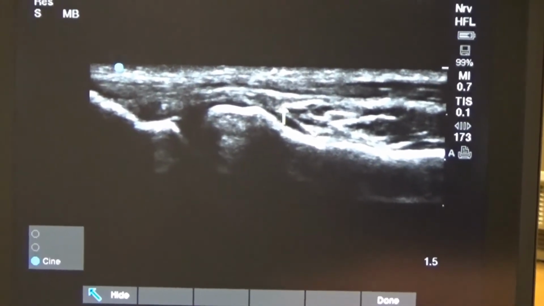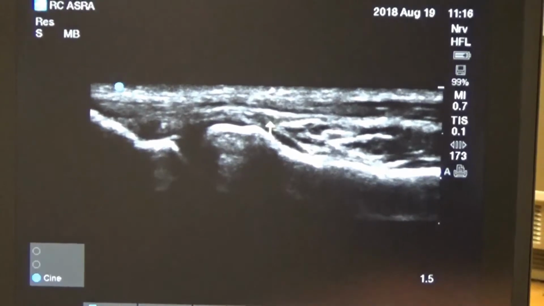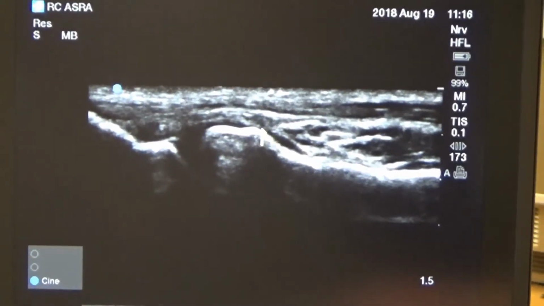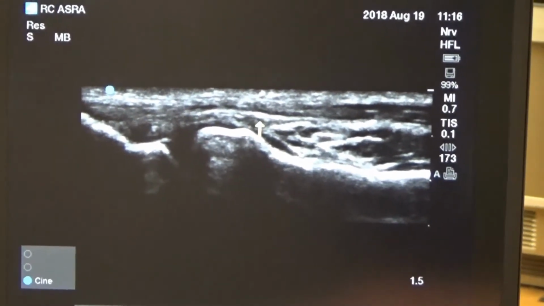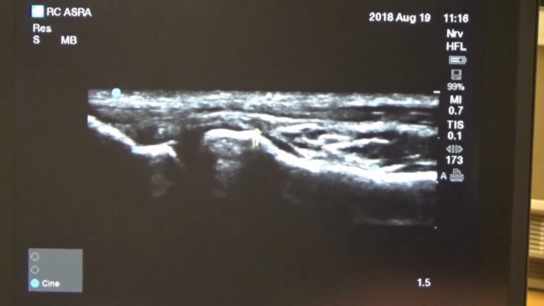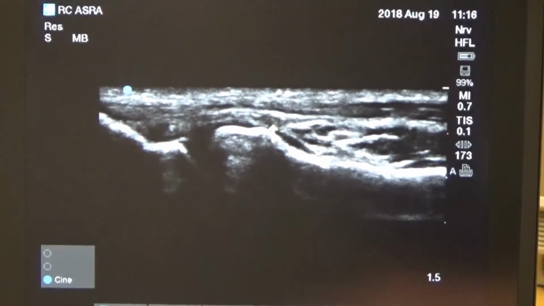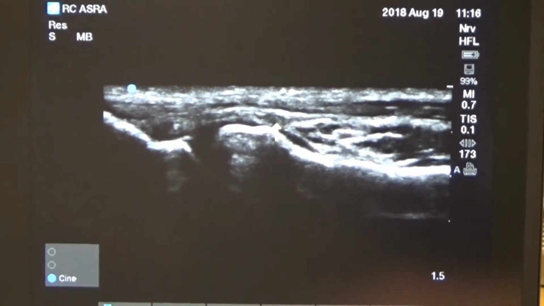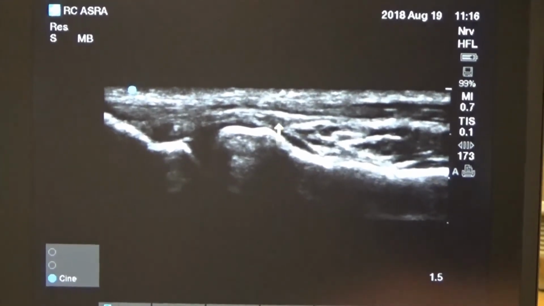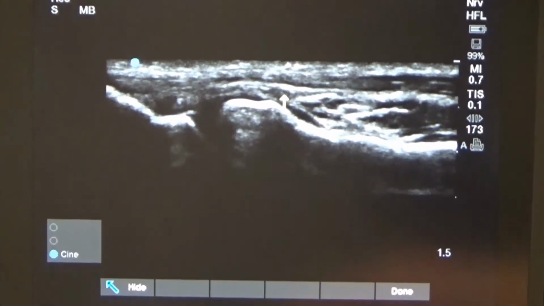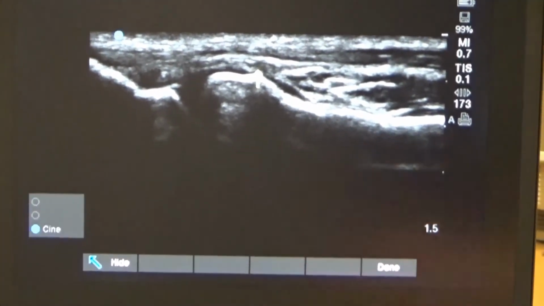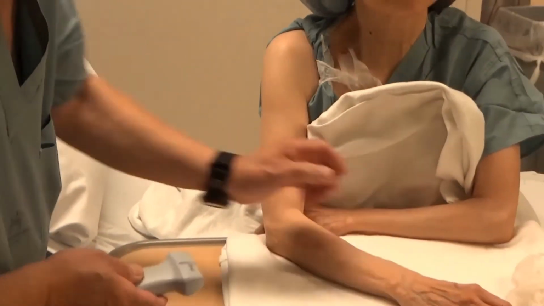Typically I use a 22 gauge needle, and then you can start fenestrating where the calcification is found, or where you have the tendinopathy. So it's very similar in principle to the technique that we use for the calcific rotator cuff tendinopathy. So here we go, and I'm going to have Linda just hold her arm like this.